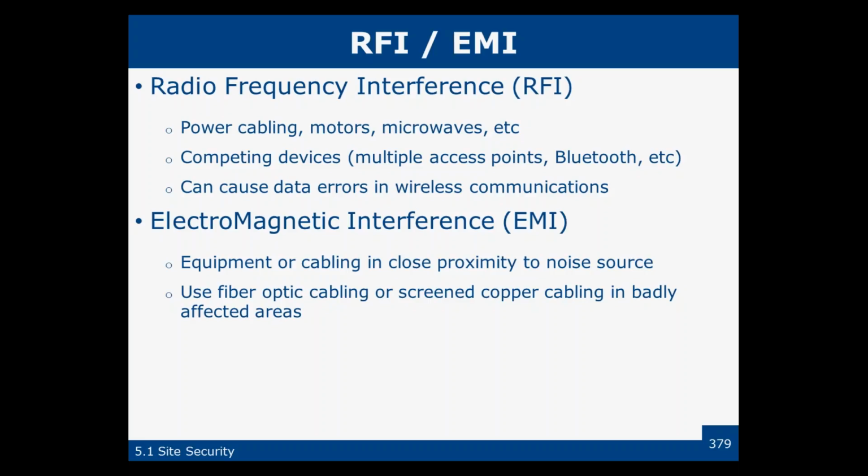In those areas of high interference, you're probably going to use fiber optic cabling or screened copper. Fiber would be the preference there. The screened copper would be better, but the fiber should be immune to the EMI.